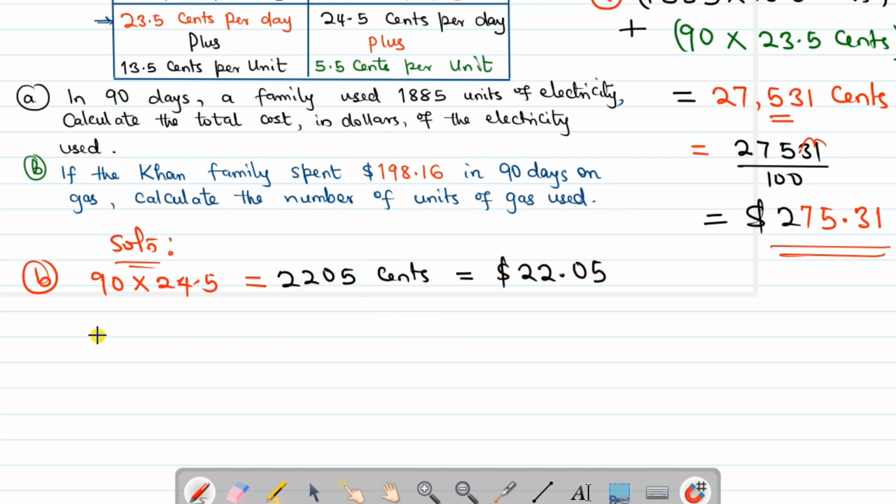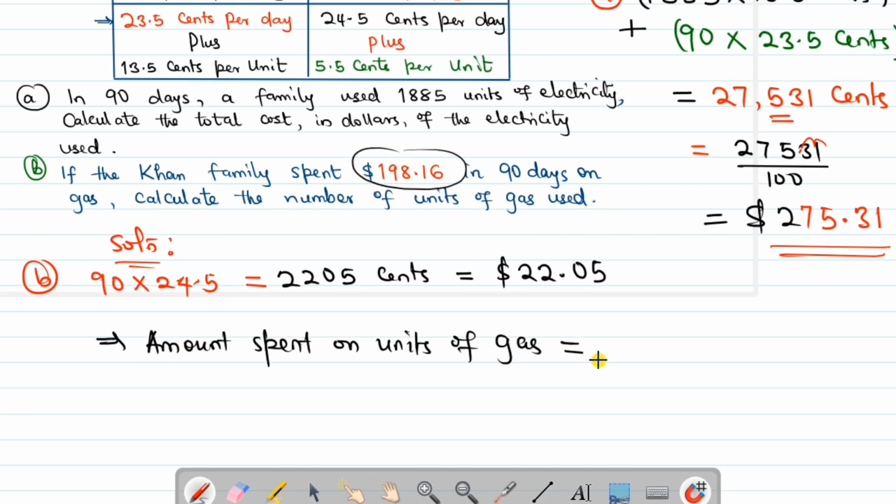$22.05. So for us to get the amount they spent on the units of gas they used, so that we can get the number of units of gas used, the amount spent on units is the total amount, 198.16, minus 22.05.